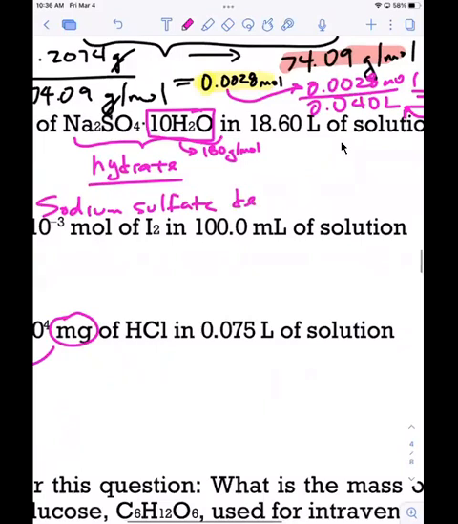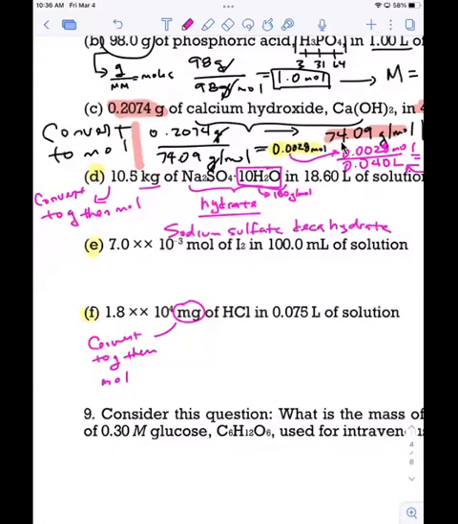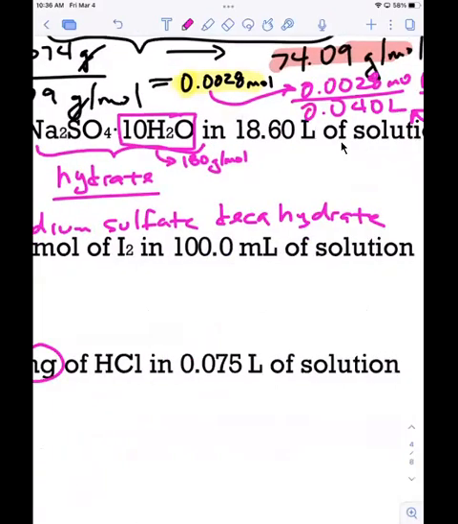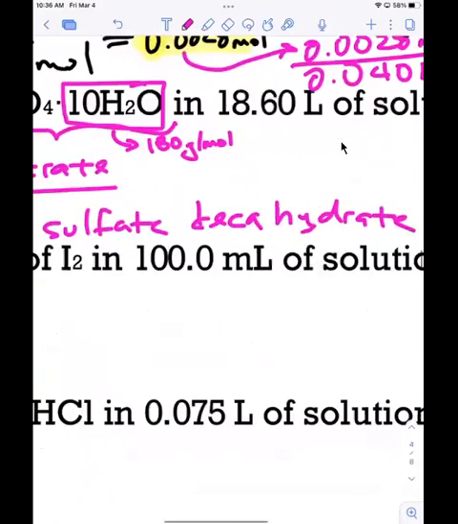I got 142.04. So the total would be 322.04.